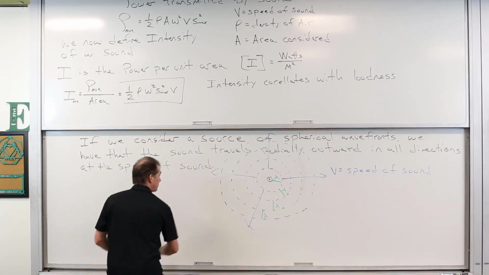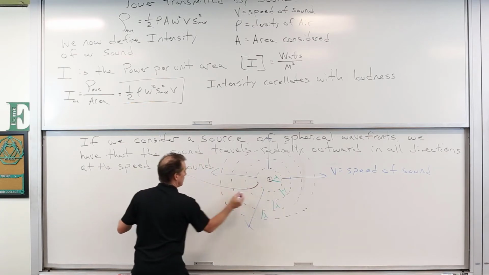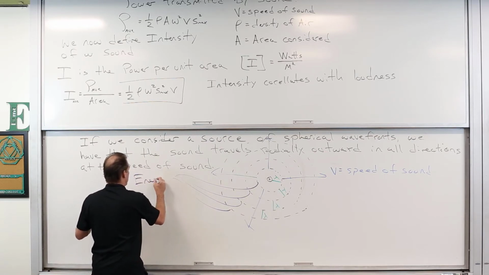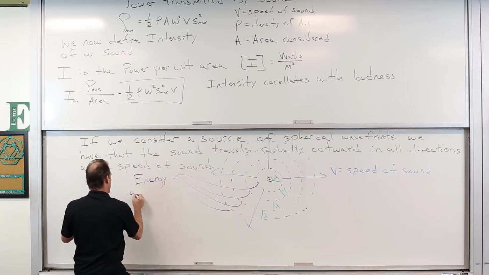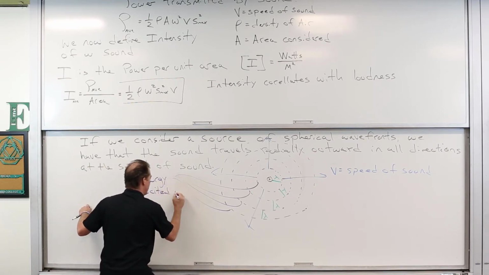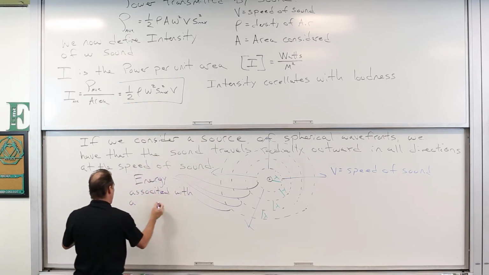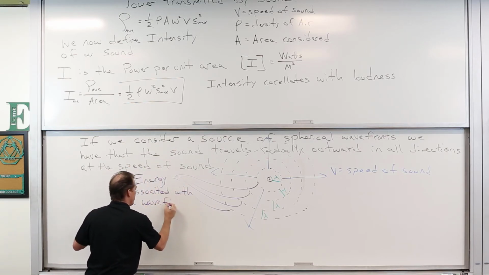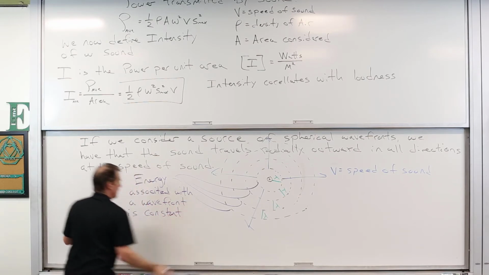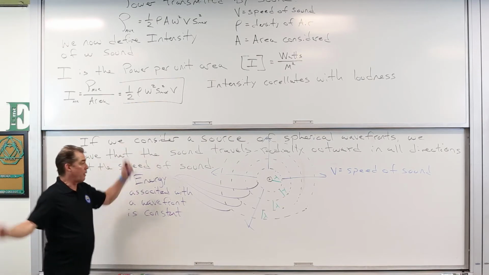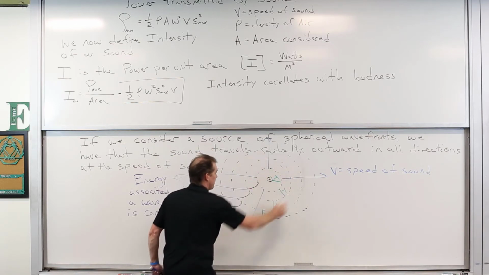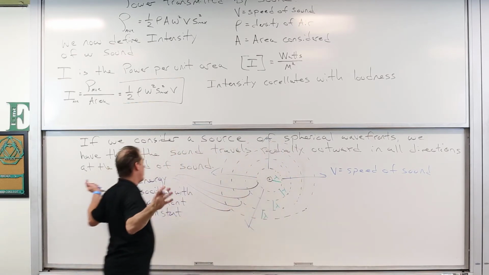So, we'll say the energy associated with a wavefront is constant. As it spreads outward, it's the same. The amount of energy on this wavefront is the amount of energy on this wavefront, is the amount of energy on this wavefront, and so on.